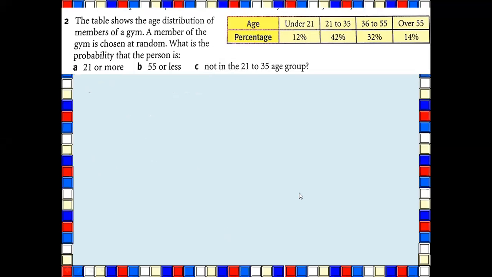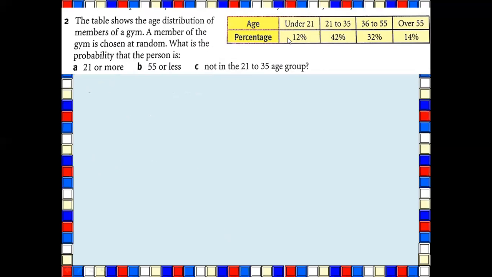Let's go to question 2. Girls, I'm lowering the hands of those who answered. Question 2 says, the table shows the age distribution of members of a gym. A member of the gym is chosen at random. What is the probability that the person is?